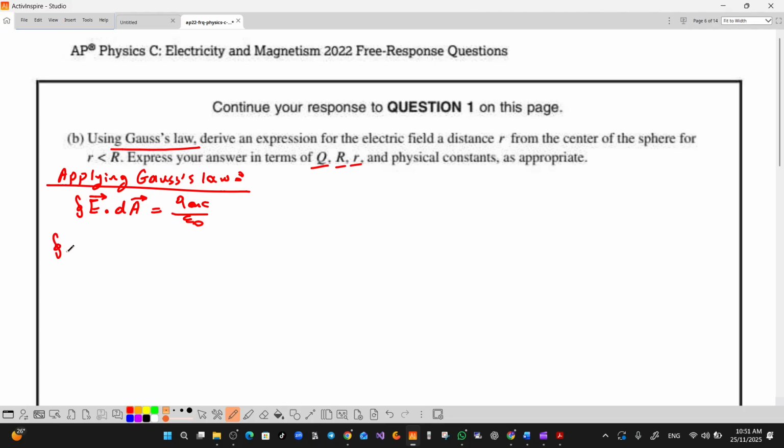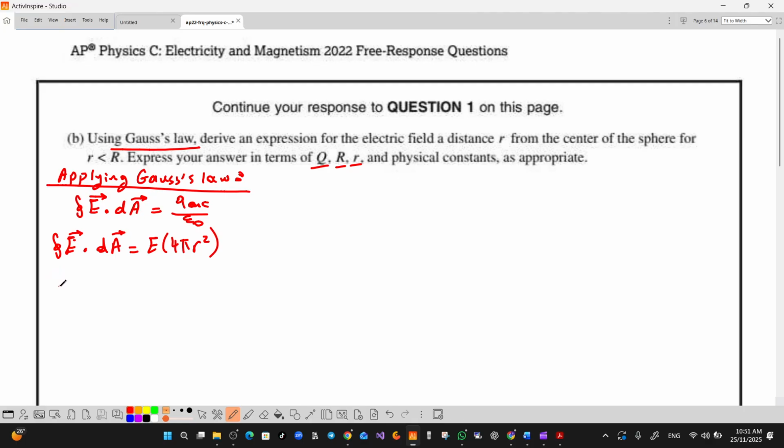We know that the integral of E dot dA is equal to E times 4 pi r squared, since our Gaussian surface is a spherical surface, so the area of the surface is 4 pi r squared. For the left-hand side, no need to evaluate it. You just need to look at the symmetry that you have chosen, and the final result will be written directly without any derivation. This is the left-hand side.